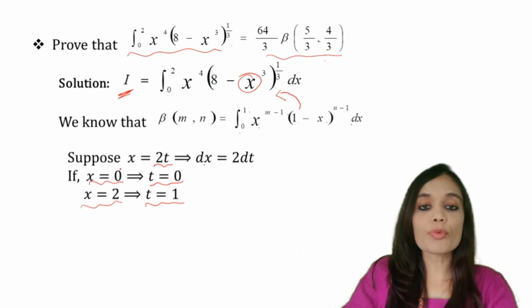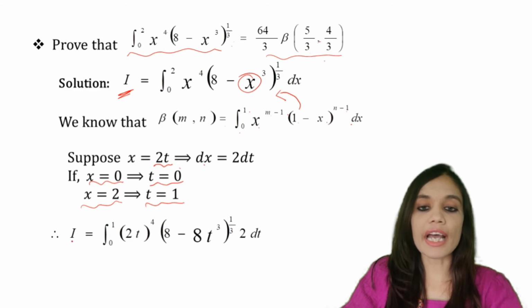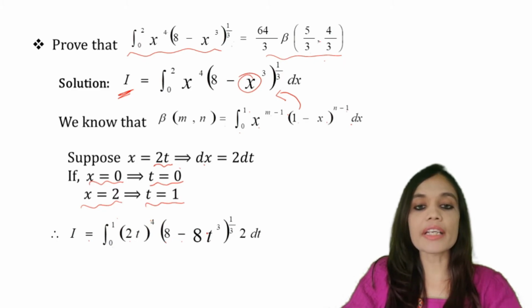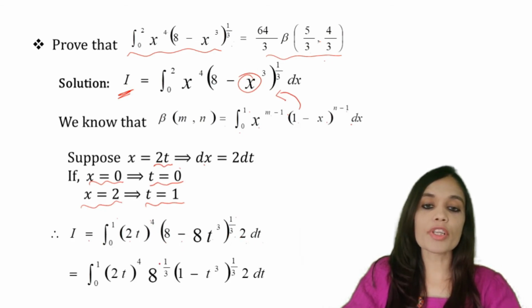So now let us put all these values in our I. So what we will get, I is equals to integration 0 to 1 2t raised to 4 into 8 minus 8t cube whole raised to 1 upon 3 into 2 dt, right? Now let us simplify this.